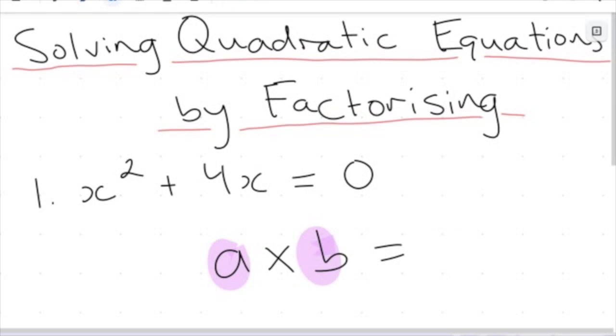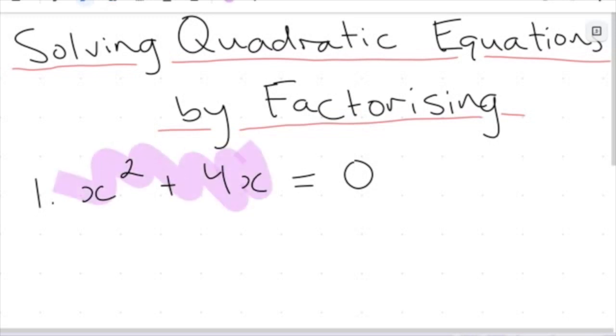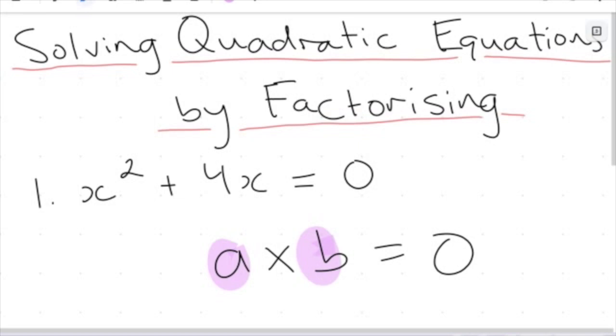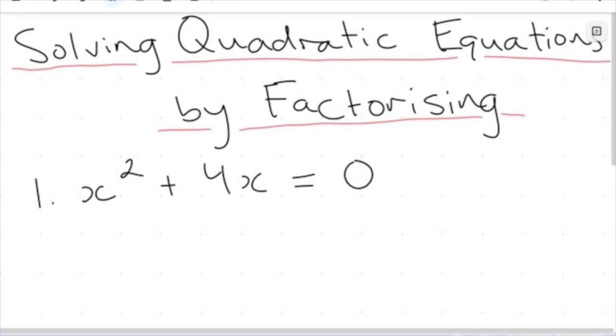Now, in order to solve this then, we need to reduce our expression on the left-hand side into some kind of product, and we can do this by factorizing. Our x squared plus 4x, we can see that both of these expressions have a common factor of x.